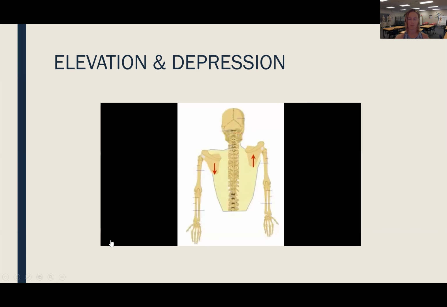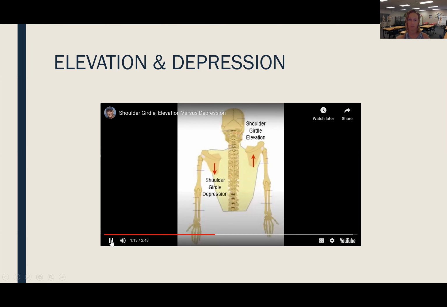When you do that, your shoulder will go from a position here where the shoulder girdle is depressed to a position where the shoulder girdle is elevated. So this is shoulder girdle depression, where the scapula and the head of the humerus, the upper arm, are pulled downward. The clavicle is also involved in that. And this is shoulder girdle elevation, where the shoulder is lifted up above the shoulder.